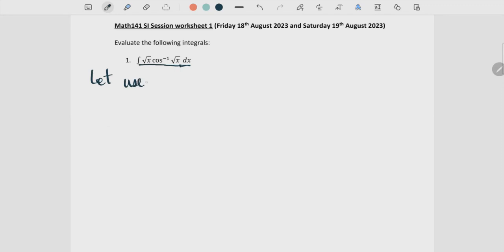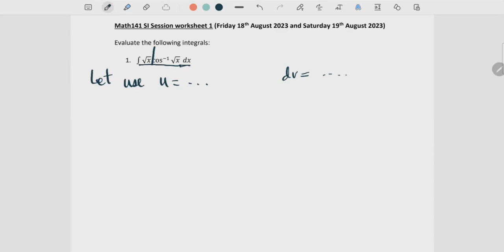So in your opinion, based on the formula for integration by parts, what should be our u and what should be our dv? I'm asking you. Take a moment, think about it. We have two functions: the square root of x, and the cos inverse of the square root of x.